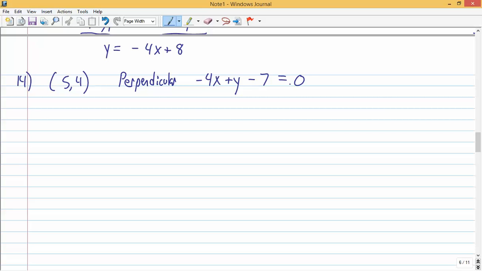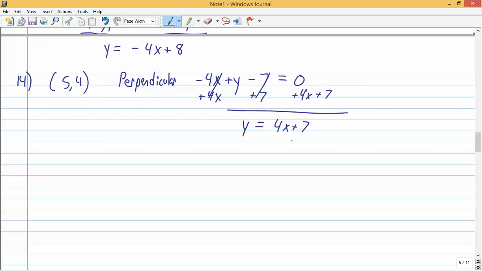The given line is in general form. We want it to be in y equals form. So move everything to the other side of the equation, so this would be y equals. Since that's a positive y, I'm going to take these two terms and move them over. So I get y equals 4x plus 7.